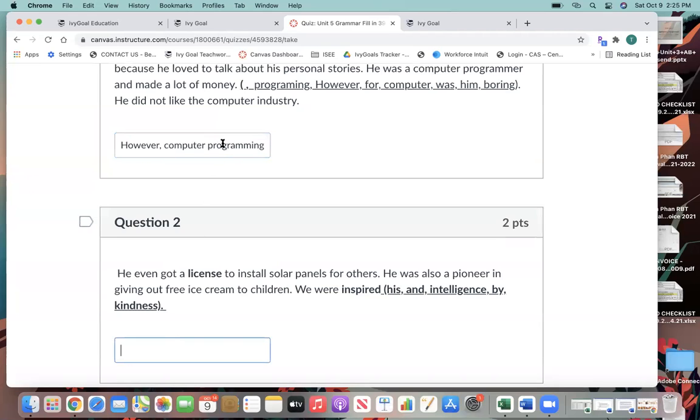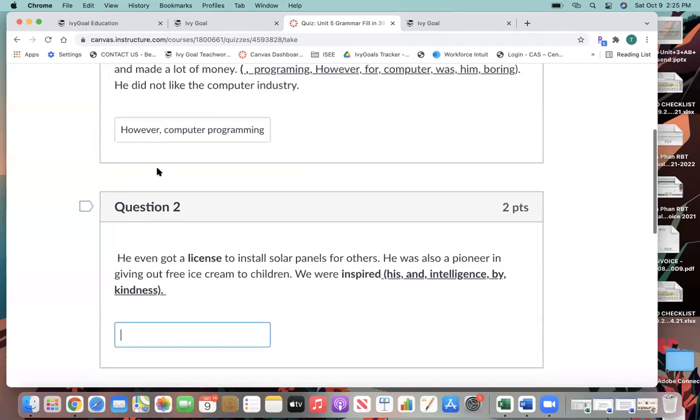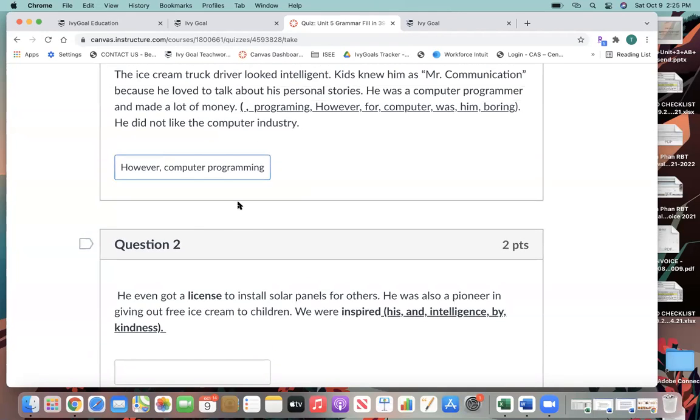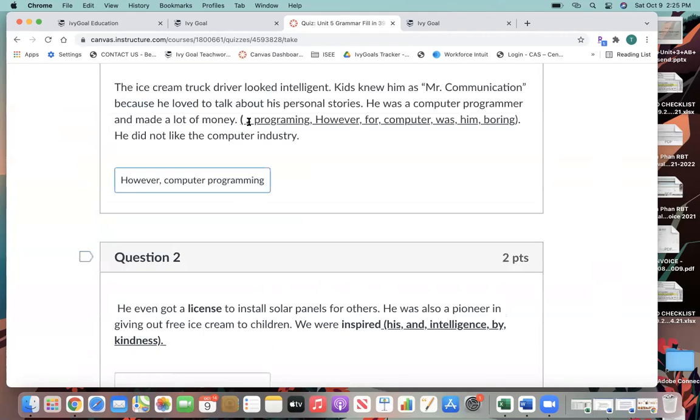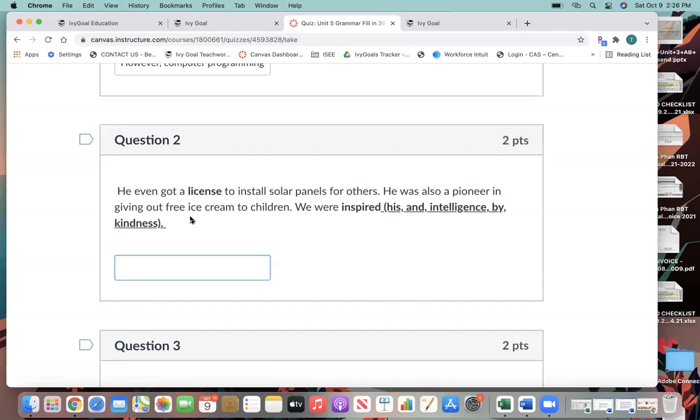However, computer programming was boring for him. And remember, after the however, we want to add the comma, right? That's where that comma comes in play. See, I have to use that comma. Sorry. So after however, comma, computer programming was boring for him. All right, number 2. Good work. Can you read that one aloud?